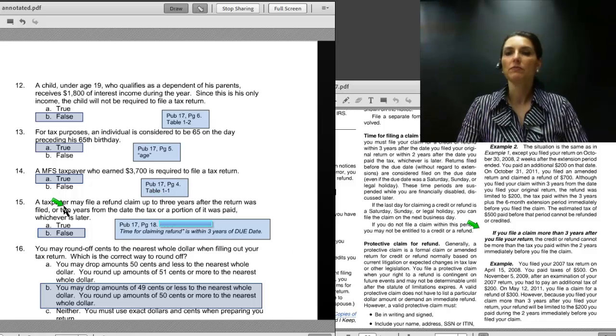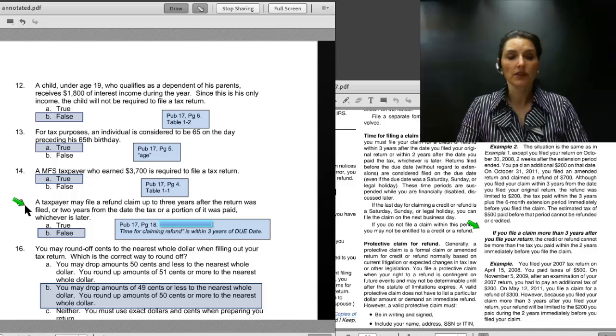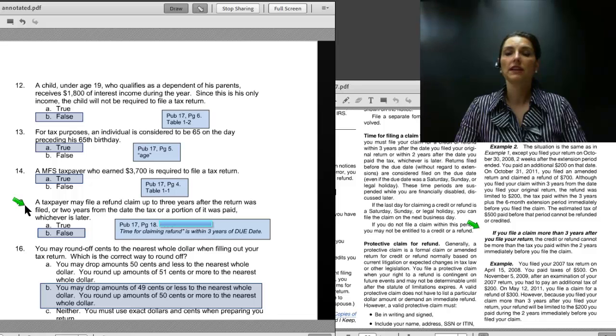The 2-year part is correct, but the 3 years, well, that would depend. If you filed on time, you would have 3 years. But if you filed late, you would have 3 years from the time you file or 2 years from the time you pay your tax, but never more than 3 years after the original due date of the return or 2 years after you pay the tax.